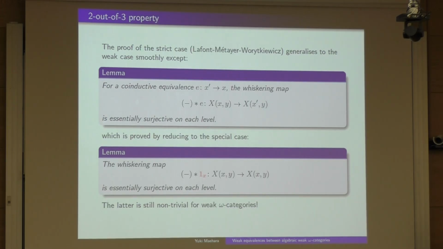In the case of strict omega categories, having the 2 out of 3 property comes up in the construction of the folk model structure. Where do you see the gap remaining to construct a model structure on weak omega categories? The hardest bit is constructing the path object. I guess we're going to be talking about that at some point. But there's another thing about characterizing the fibrations by lifting properties.